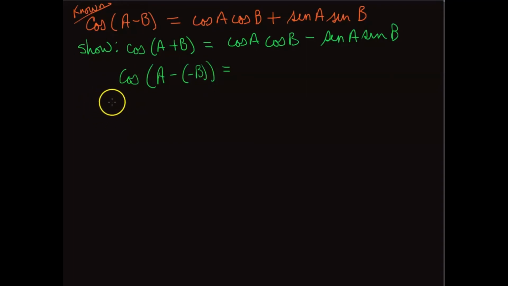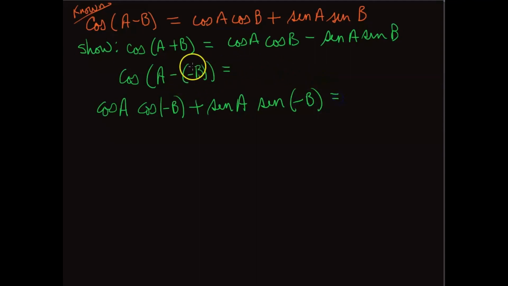So it's the cosine of the first, cosine A, cosine of the second, cosine of negative B, plus the sine of the first, sine of A, the sine of the second, the sine of a negative B, because now we're using negative B for this B. But hold it, the cosine of a negative B is the same as the cosine of B, because that's an even function. And the negative function identities tell us that.